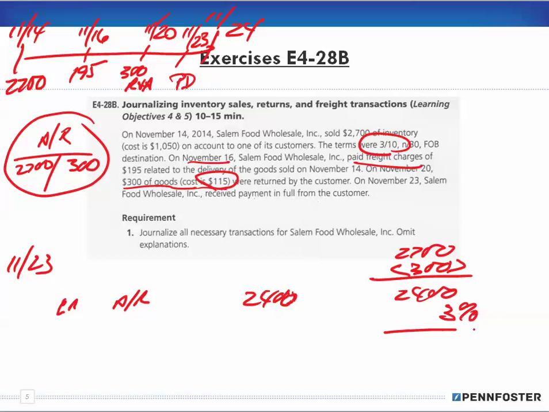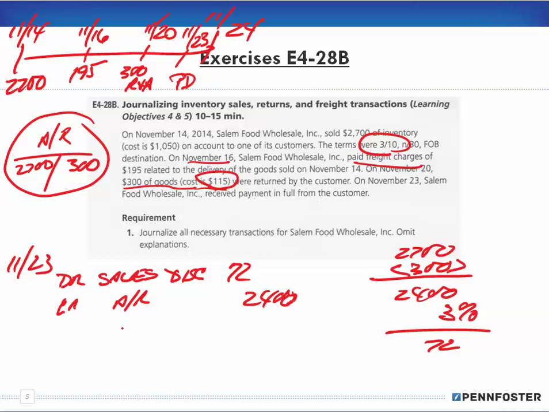So we multiply that by 3%, and that gives us, let's see, $72, all right? So we will end up debiting sales discount for $72. Just like we're using the return and allowance, we use the sales discount account.